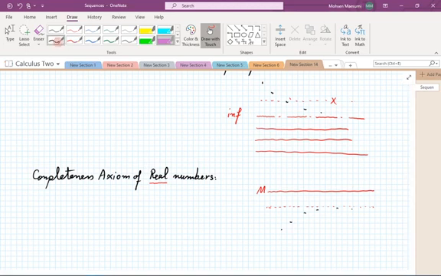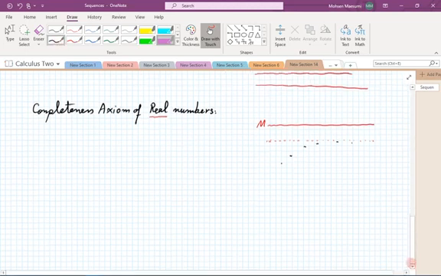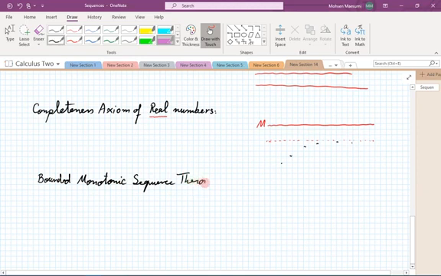So let me write it. Bounded monotonic sequence theorem. Kind of a mouthful, but it's a very intuitive idea. So suppose I have a monotonic sequence.